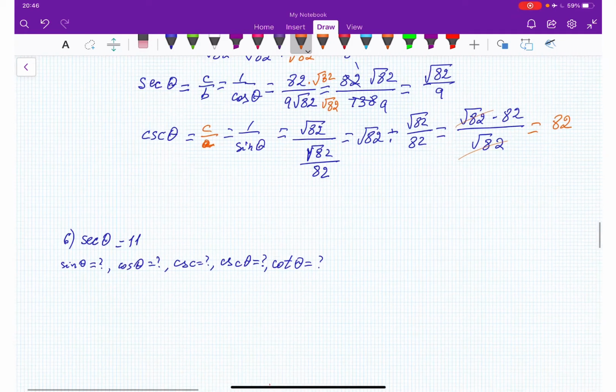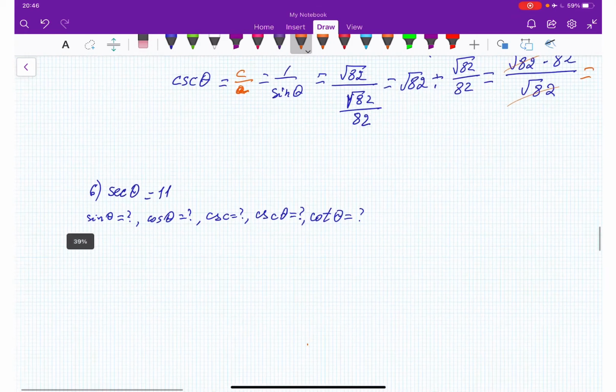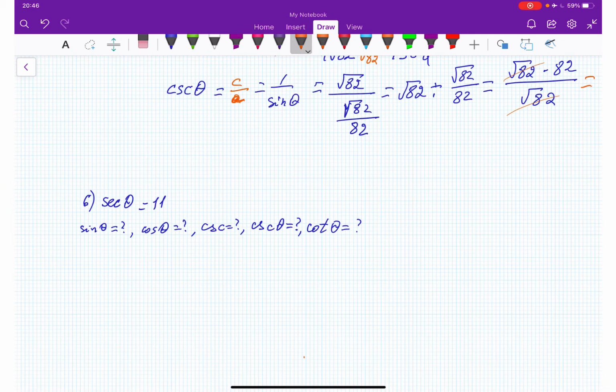Moving to question number 6, now secant is given. So once secant is given, let's see how we can work this out. So I'm going to draw a triangle with the right angle. Okay.